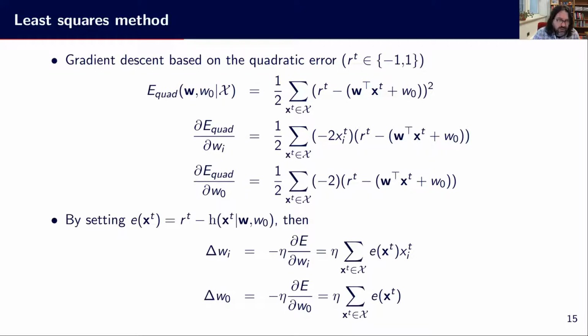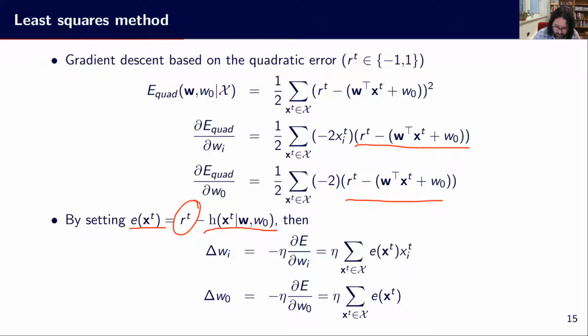If we set a function e, which is the error we have for the sample x^t, then that error is the difference between the target r^t and the value we obtained from h. This gives us the error e(x^t). This error corresponds to that part of the two partial derivatives.